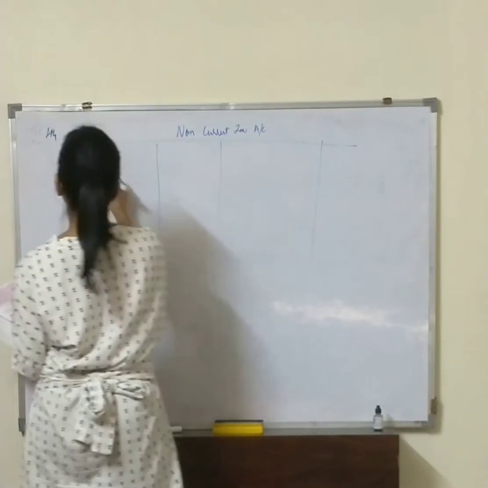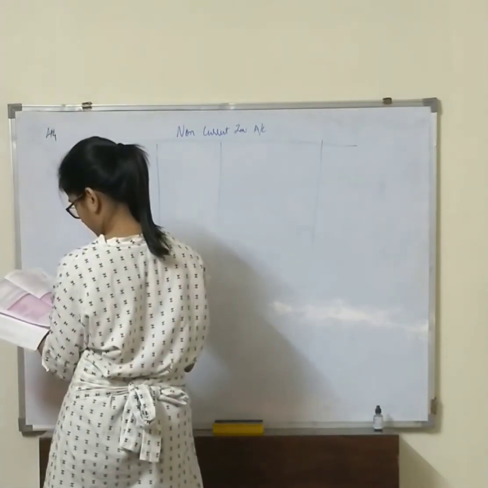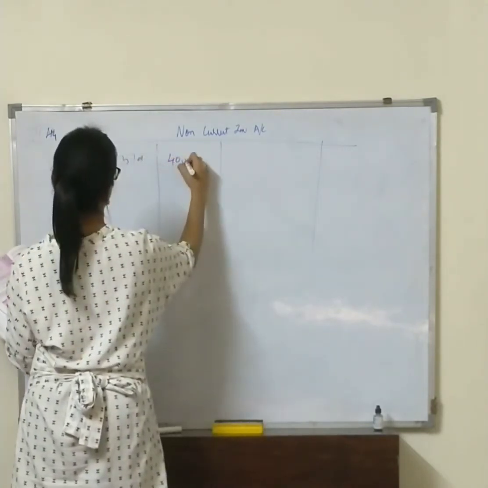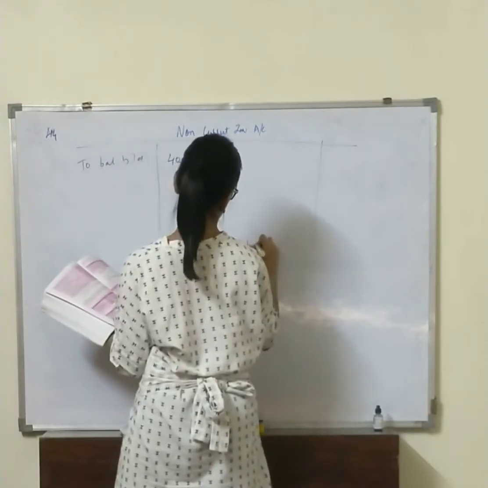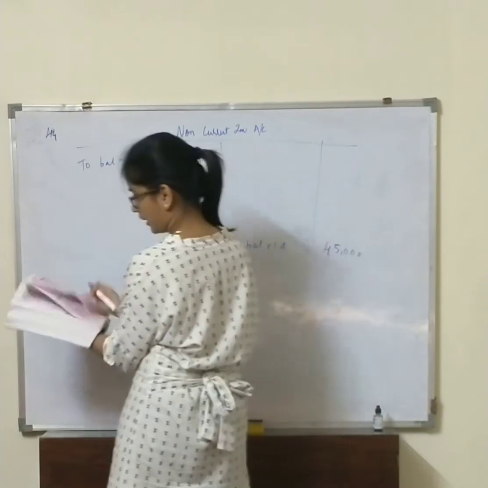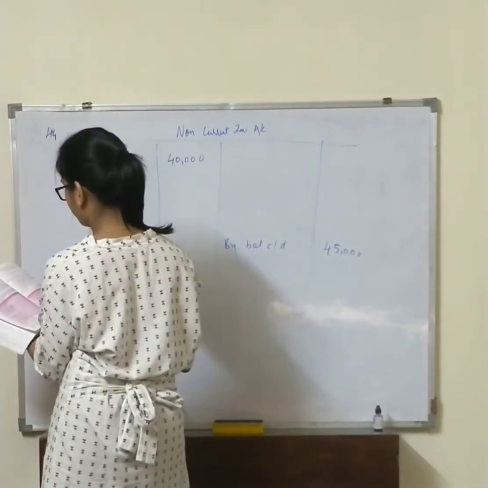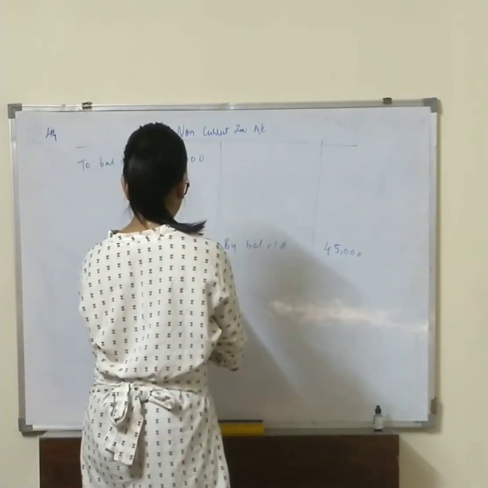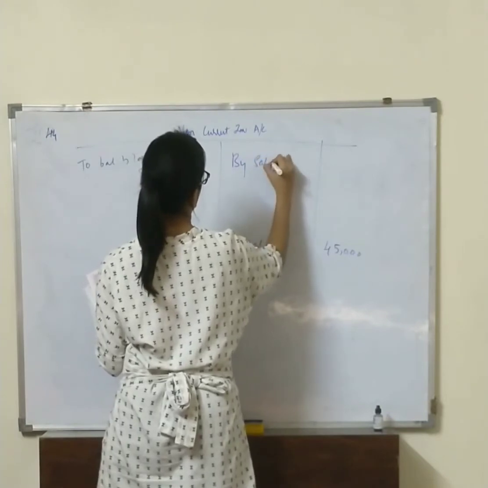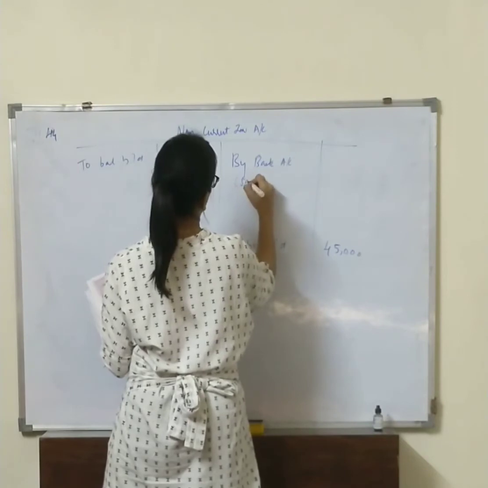So our last account we need to prepare is a non-current investment account. So again, first step is to balance brought down. What is our balance? It is 40,000. Closing balance is, by balance carried down is 45,000. After that we have non-current investment costing 10,000. We sold at a profit of 40%. So we will write by bank account in bracket sales.